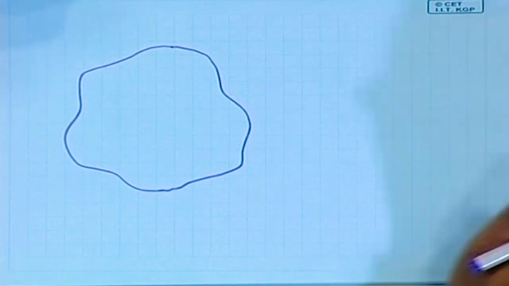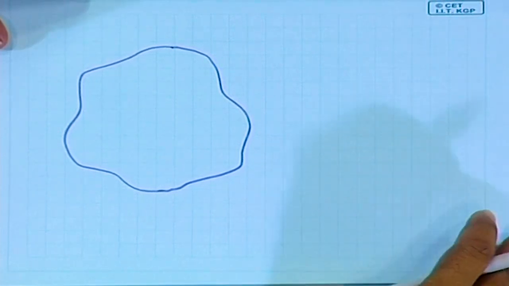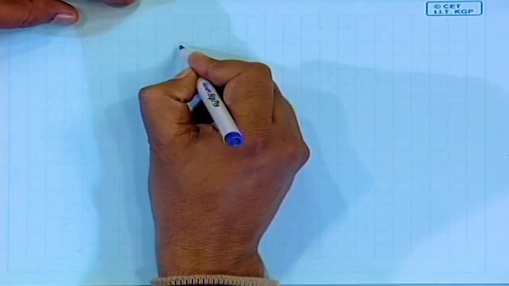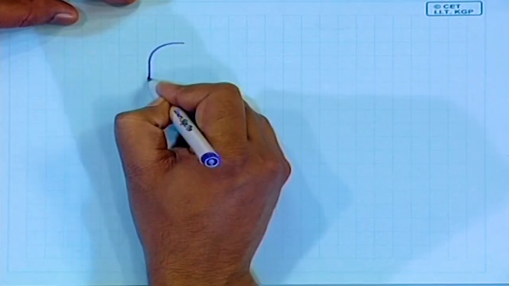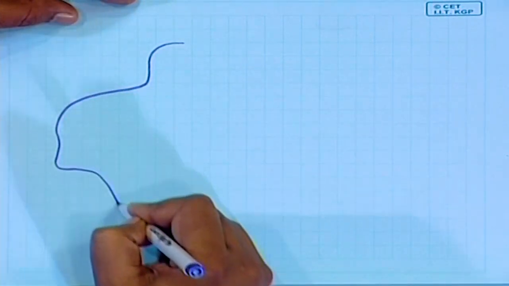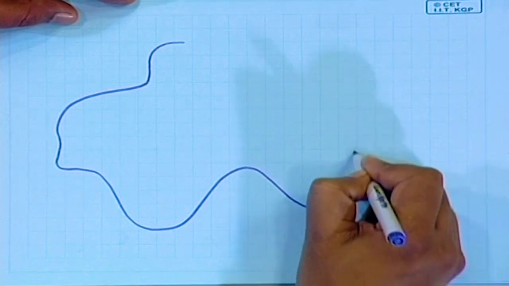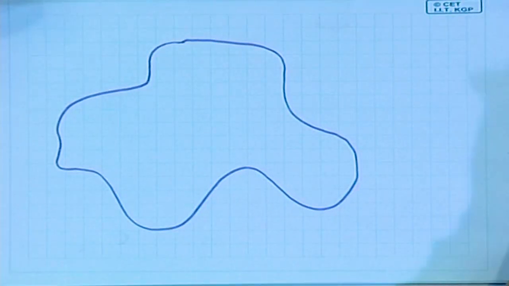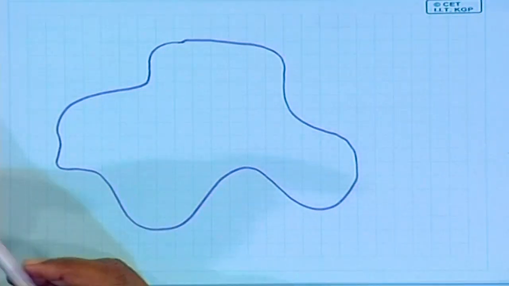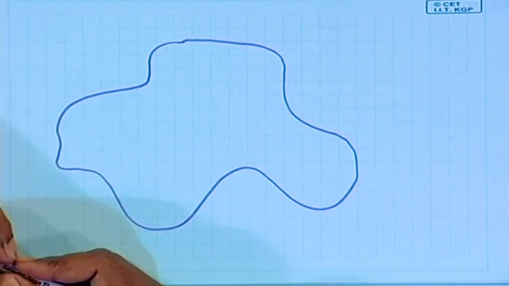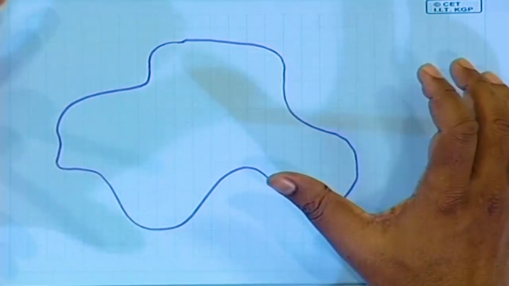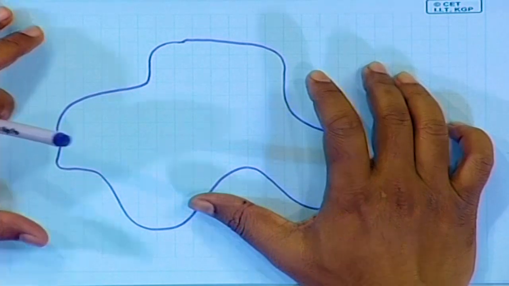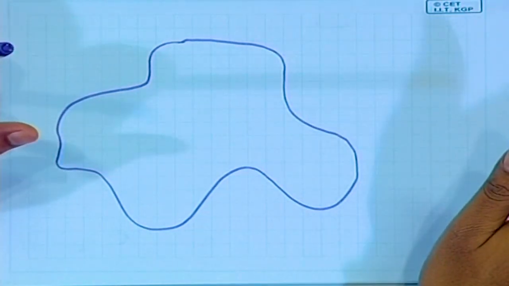Or let me make it a bit more complicated. So, I have a boundary something like this. To go for minimum perimeter length polygonization, we will embed this boundary into a set of concatenated cells.